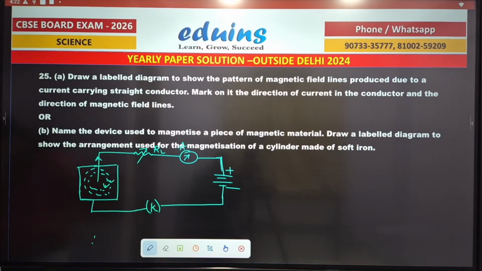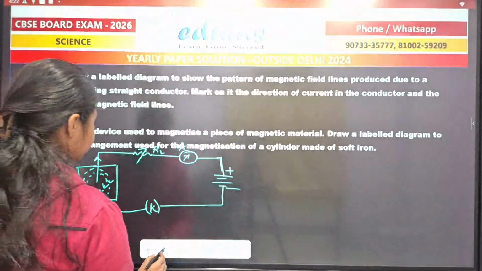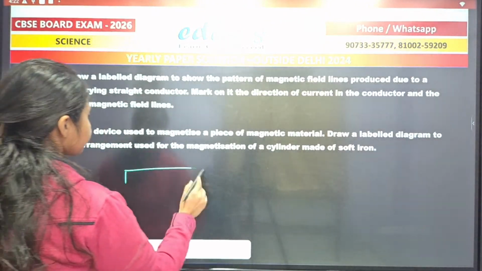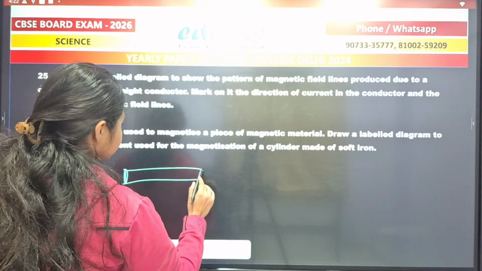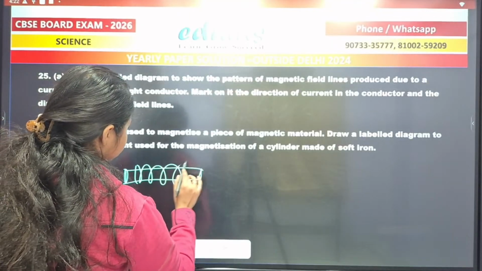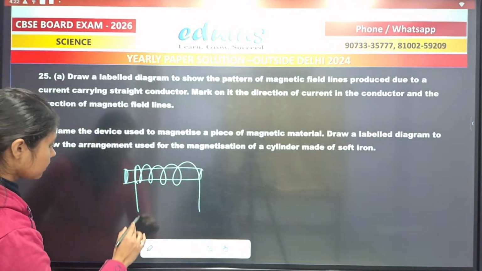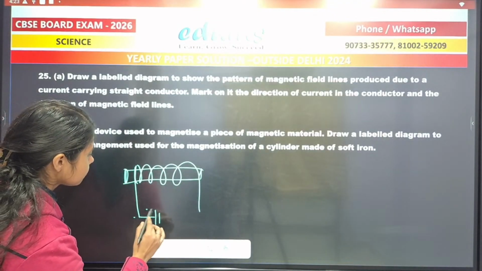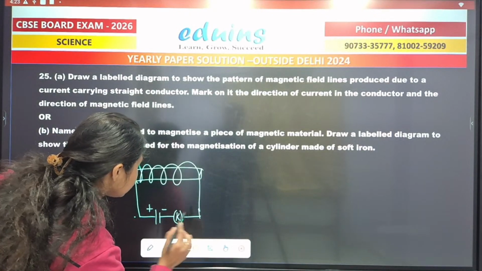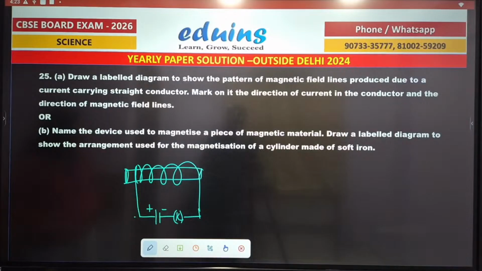Okay, Ampere. At first, we have to draw a solenoid. There is a key, so we can switch the device on or off.